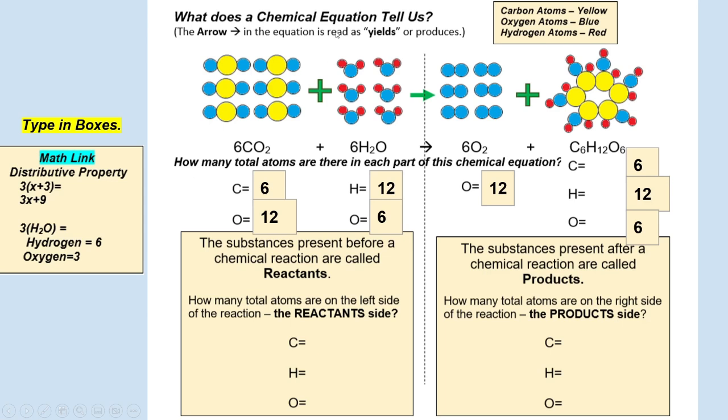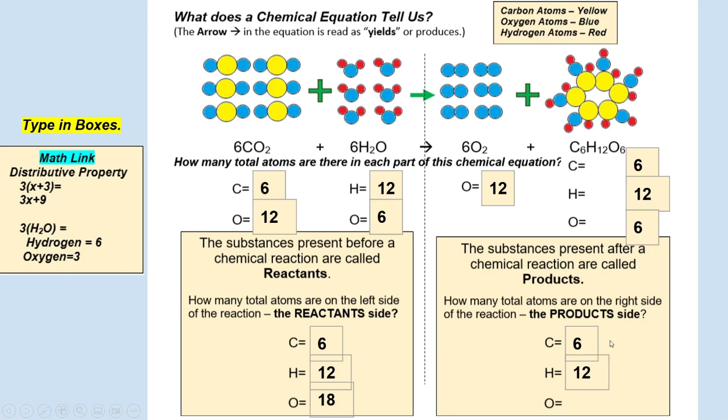So on your reactant side, the substances that go into the chemical reaction, how many total atoms do we have? We have 6 carbon, 12 plus 6, so 18 oxygen, and 12 hydrogen. Once a reaction has occurred, on the product side we have 12 plus 6, so 18 oxygen, 12 hydrogen, and 6 carbon.